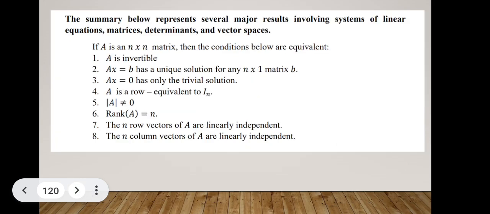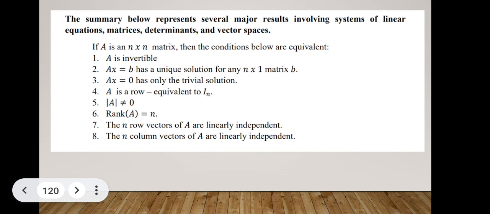The summary below represents several major results involving systems of linear equations, matrices, determinants, and vector spaces. If A is an n by n matrix, then the conditions below are equivalent. First, A is invertible. Second, Ax = b has a unique solution for any n by 1 matrix b. Third, Ax = 0 has only the trivial solution.